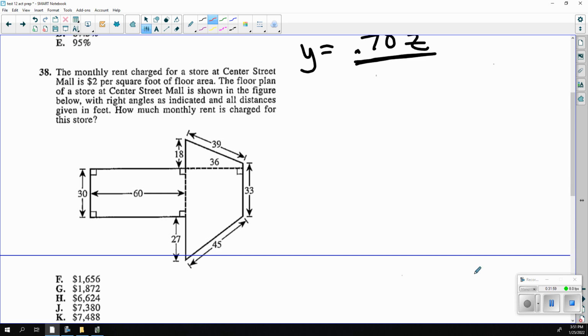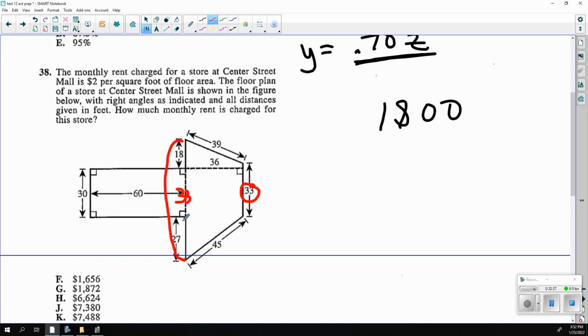I'm going to do area of 2 of my favorite things. The rectangle first, 30 by 60, is going to give 1,800. And then I'm going to do a trapezoid, turned sideways. 33 is one of the bases, and the other base is 33 down here, plus 27 plus 18.